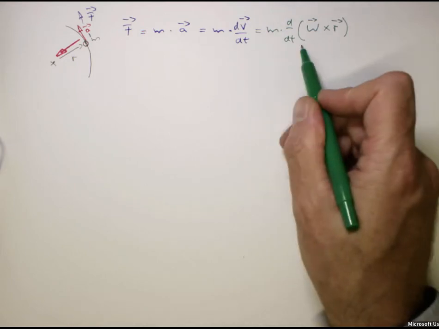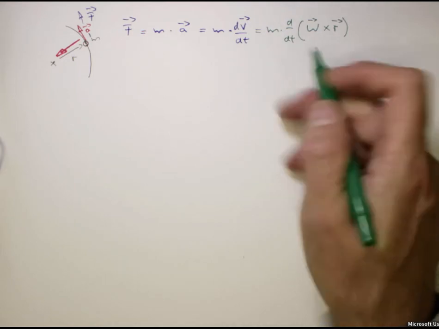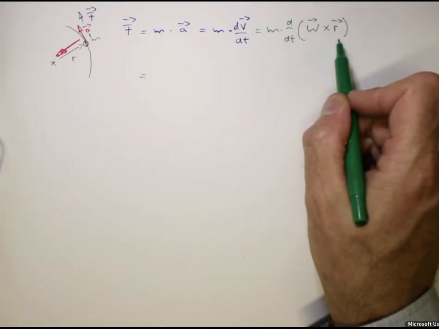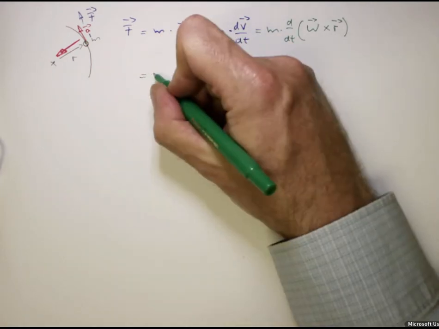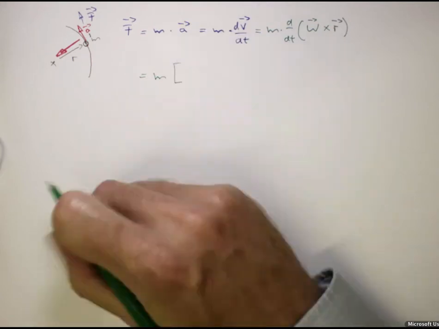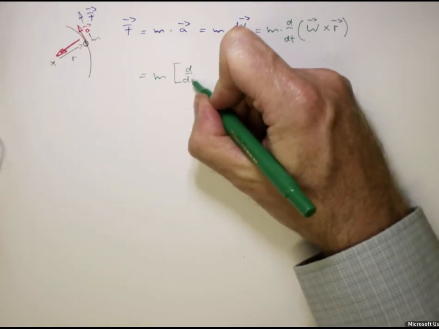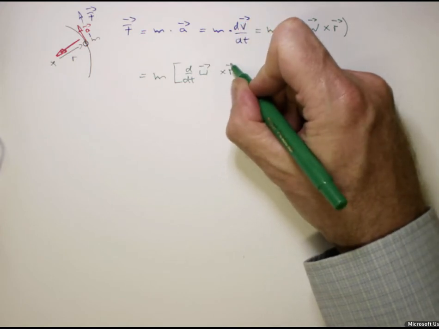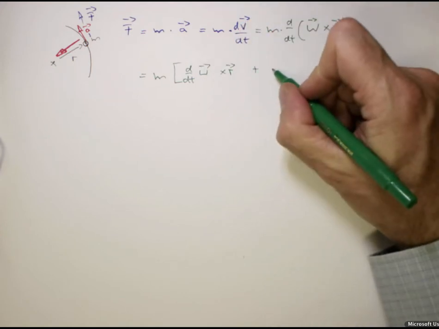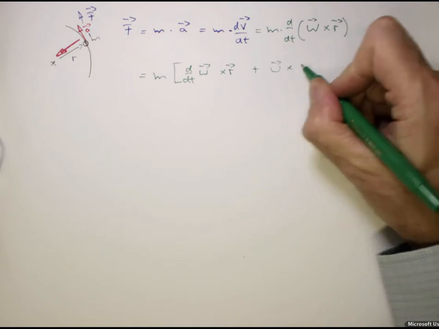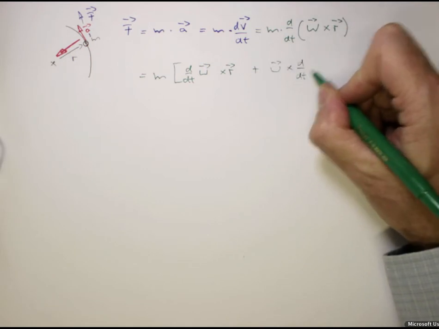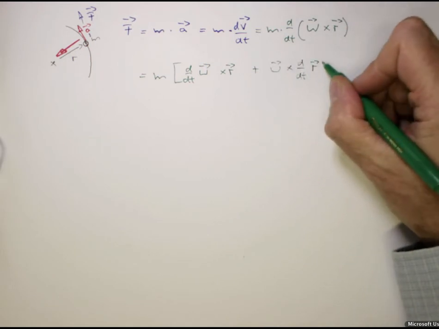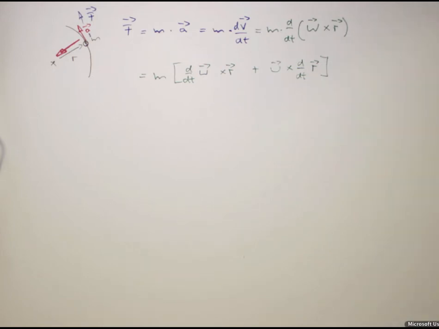We still have the mass from linear kinematics, but we have rotational parameters here. If we now carry out the differentiations, we have to apply the product rule, and we get two parts to it. We get the time differential d/dt of omega cross r, plus the other part, which is omega cross the time change of the radius vector.